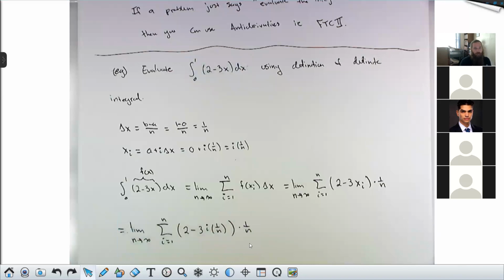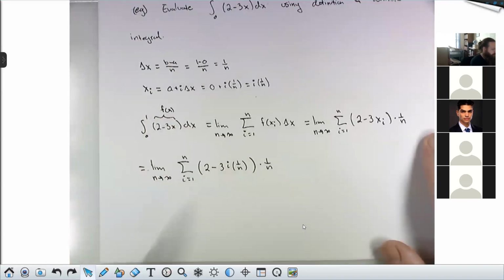But if we said evaluate this as a limit of Riemann sums, use the definition, then from this step you would need to continue and actually figure out the sum and then take the limit. So let's see what that would look like.